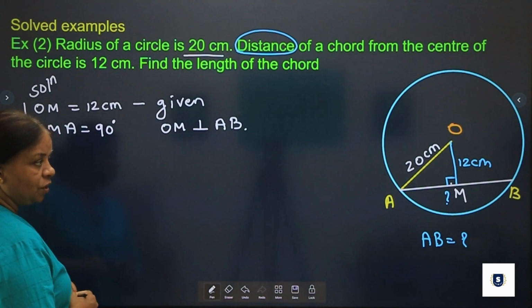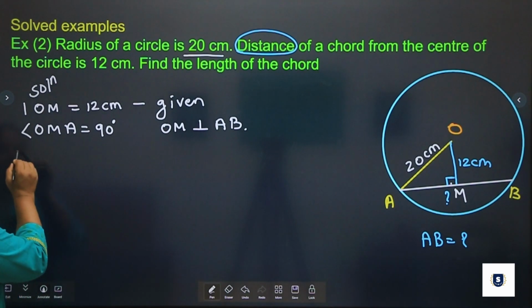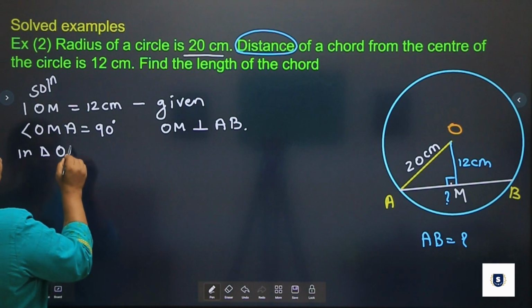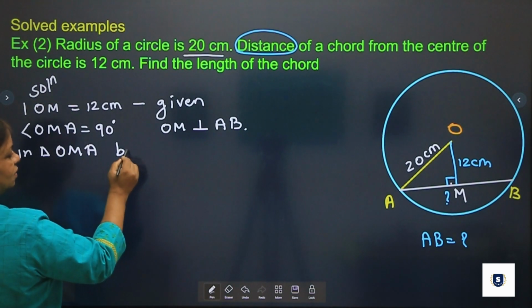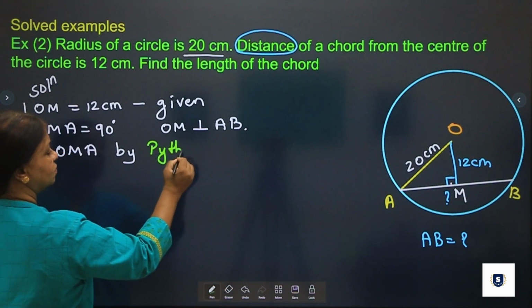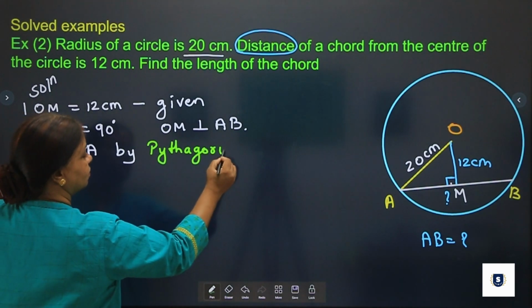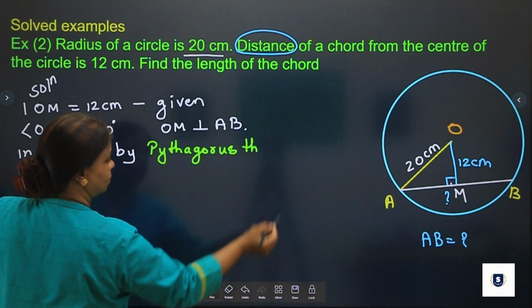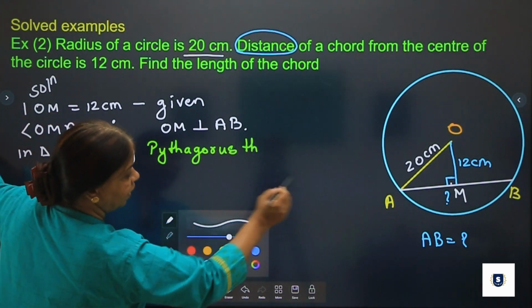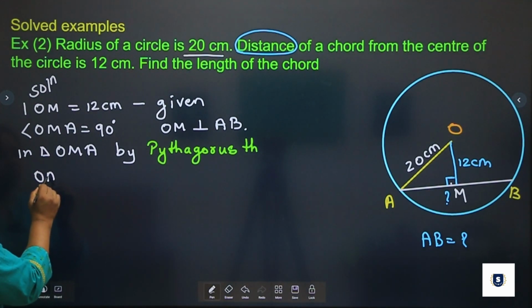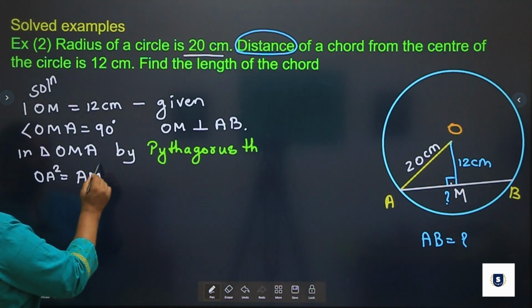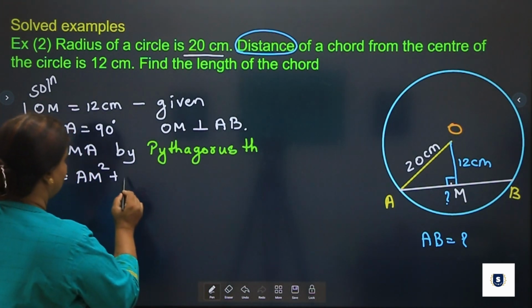If OM is perpendicular to AB, then in triangle OMA, by Pythagoras theorem, OA square is equal to AM square plus OM square.